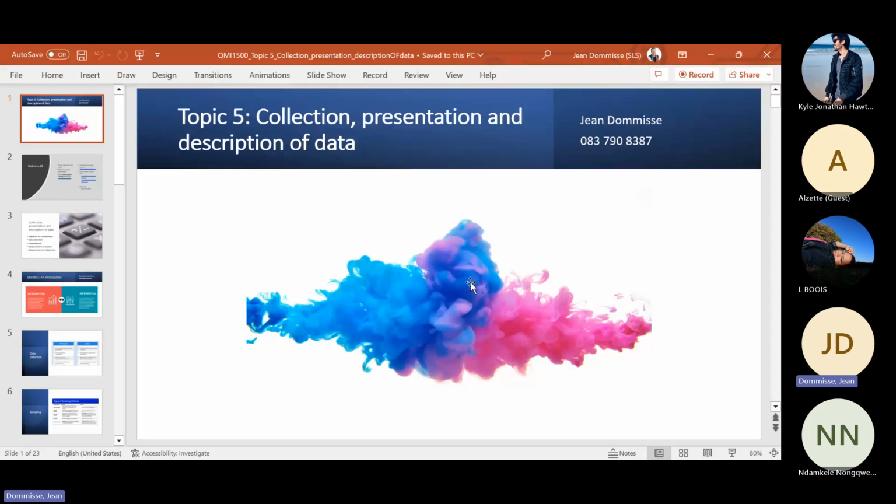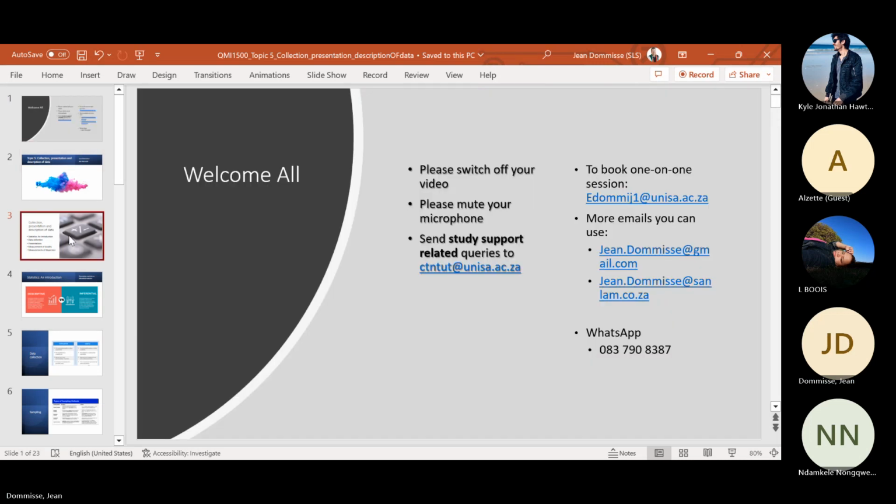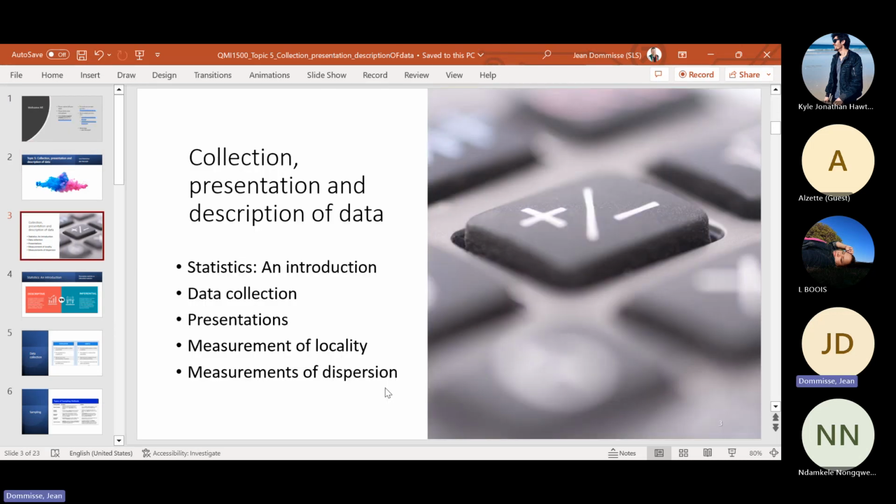Okay, so on collection, presentation, and description of data, the things that I thought and that is important, and it's also in your study guide, is that we're going to look at the introduction of statistics.